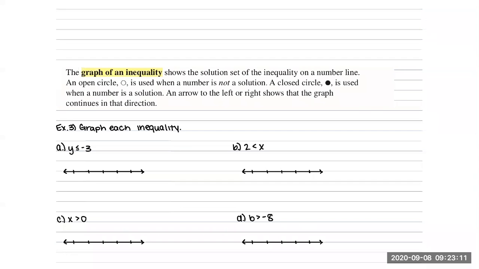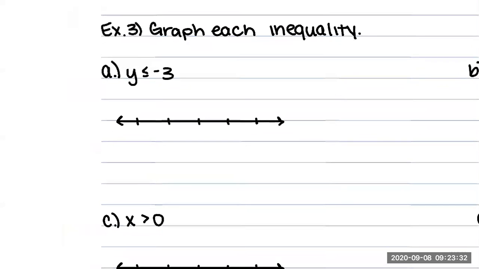If we have something that's less than or equal to or greater than or equal to, so it includes that number, we're going to have a closed circle on that number. And then again, we would use that inequality sign to tell us which way our line runs if our variable comes first in our inequality. So if we look at example A, we have y is less than or equal to negative 3. So I'm going to put negative 3 here and just do negative 1, negative 5 around it.